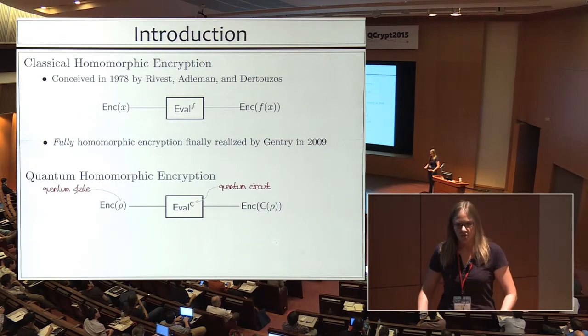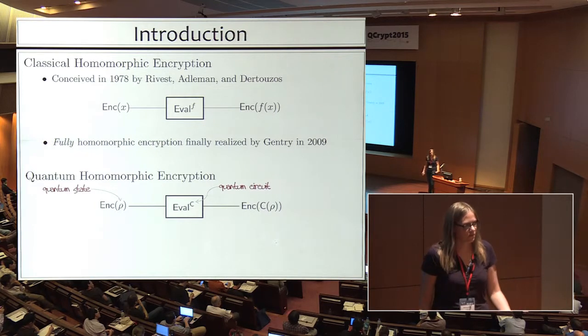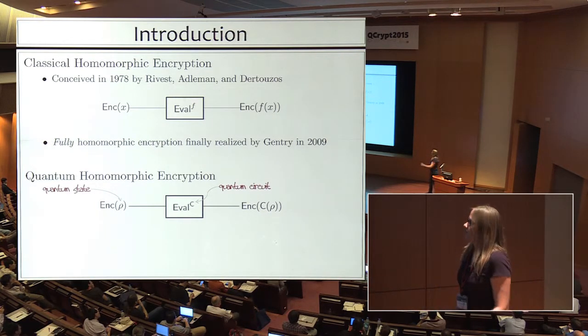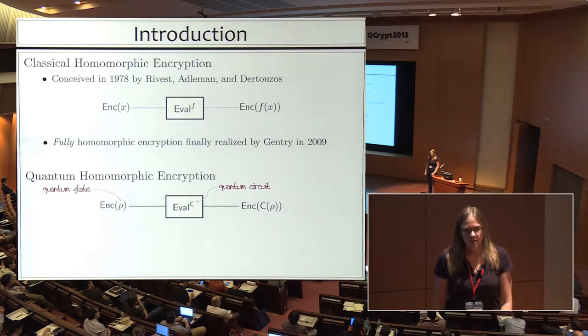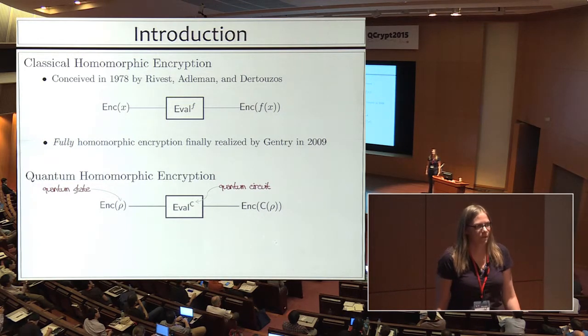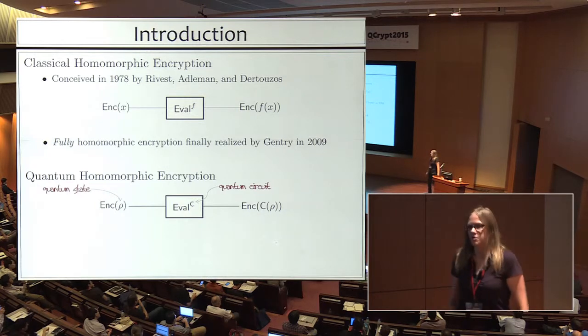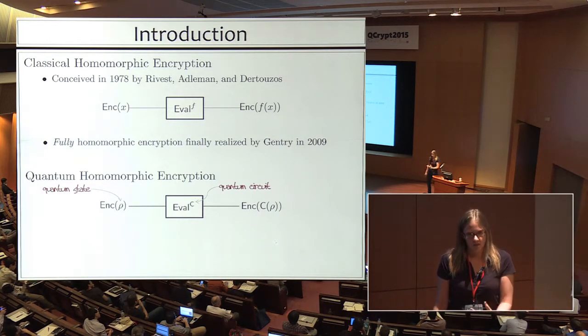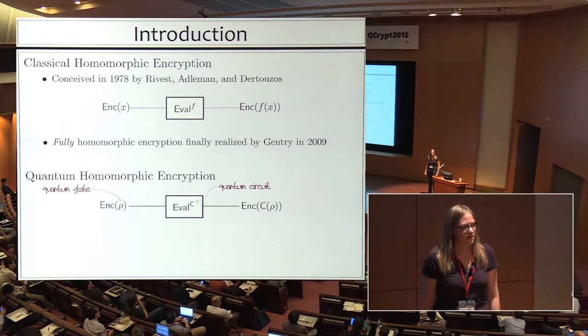But then this would be a super polynomial-sized circuit because we don't know of any polynomial-sized classical circuit for factoring. And so this evaluation procedure would necessarily take super polynomial time. Whereas with quantum homomorphic encryption, I could ask a server to homomorphically evaluate a quantum circuit for Shor's factoring algorithm, which would be a polynomial-sized circuit.